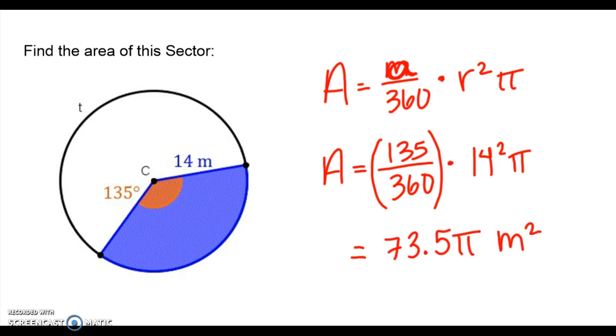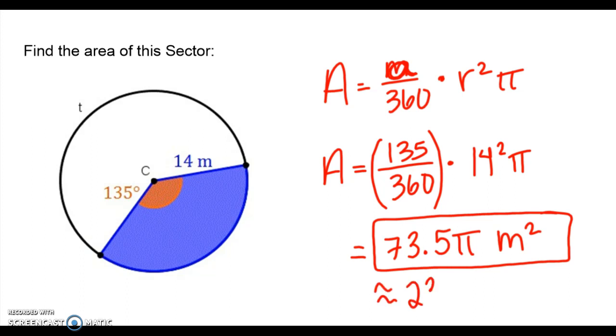And this is meters squared. So this is in terms of pi here. And if I wanted it rounded, I would get 230.91 meters squared. So this is finding the area of a sector. You can just plug in those numbers, just like we have there.